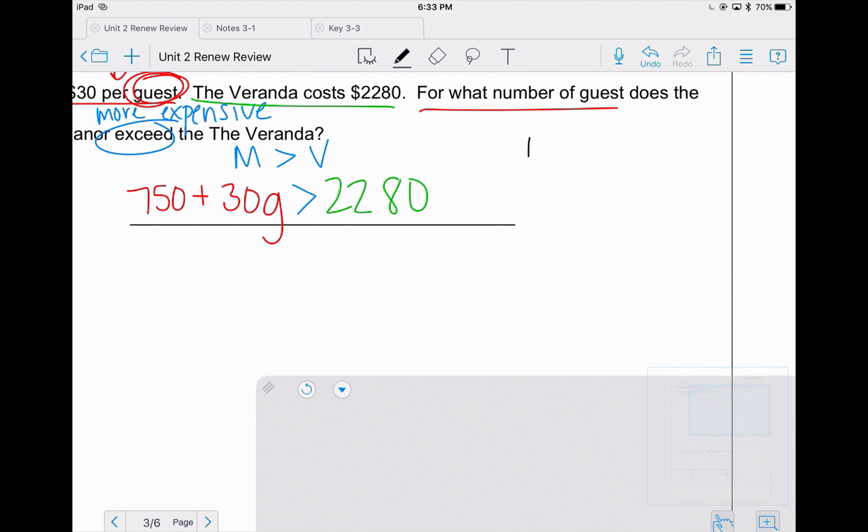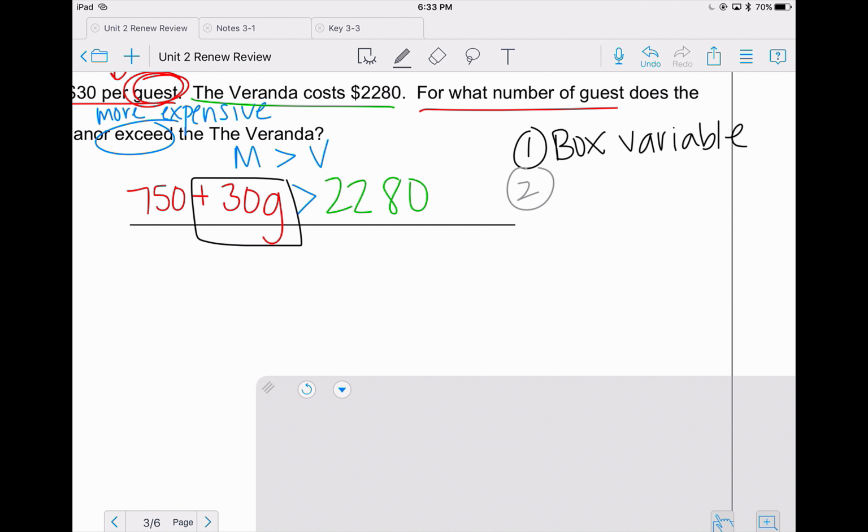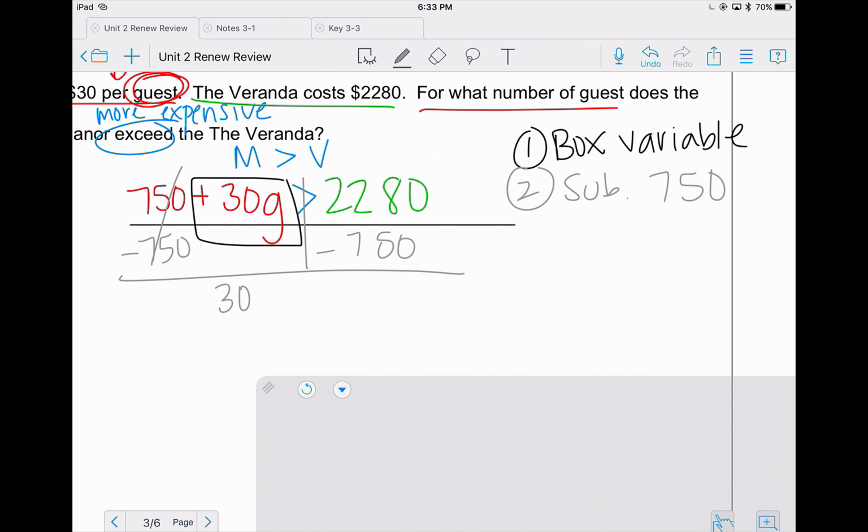In order to solve, I'm going to box my variable or my term. So I box 30G. Outside of my box is 750. It is positive, so I'm going to subtract it. I am left with 30G on the left side.